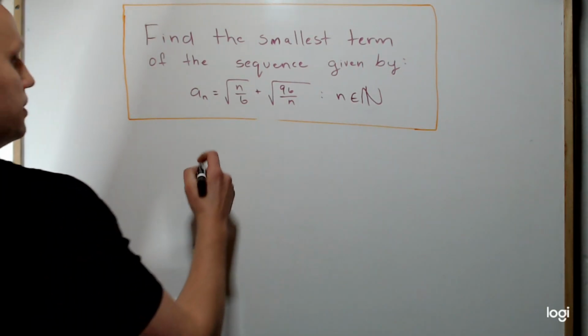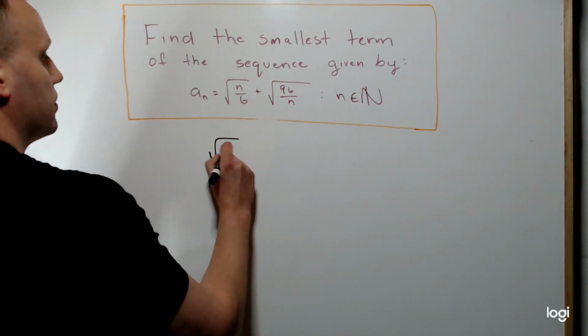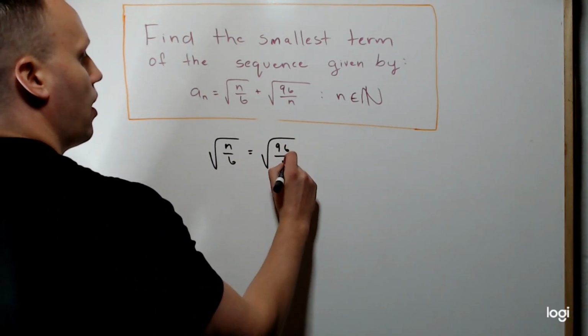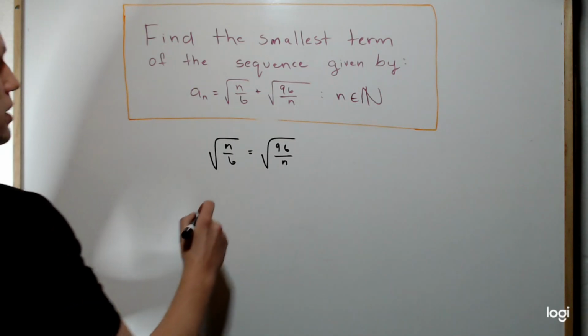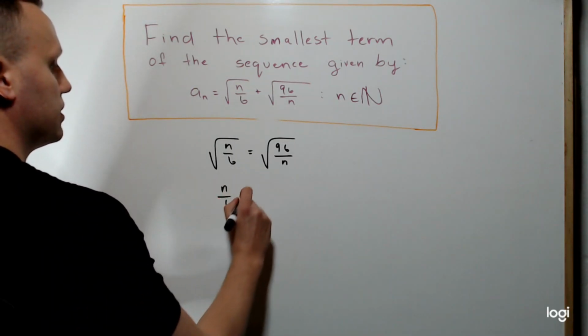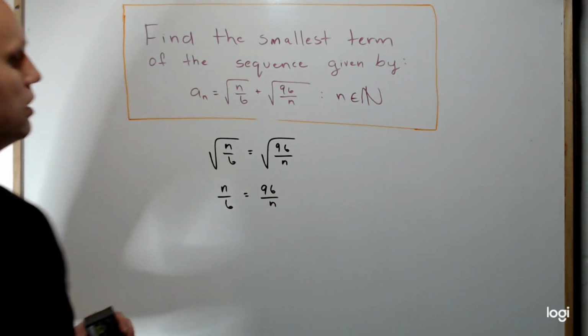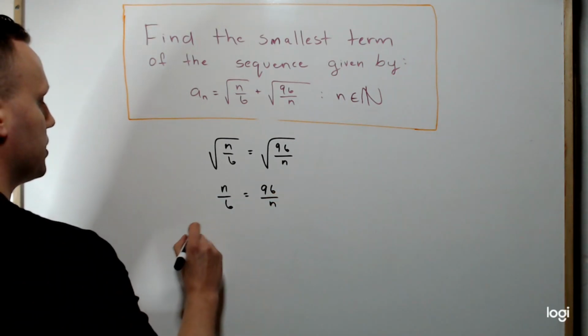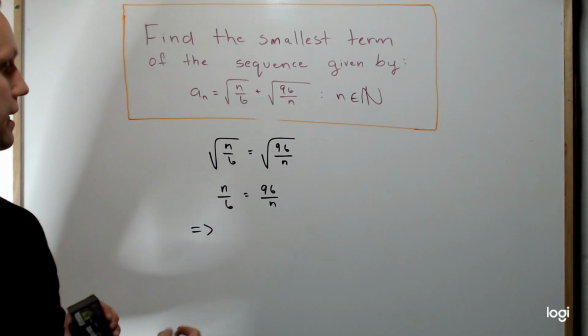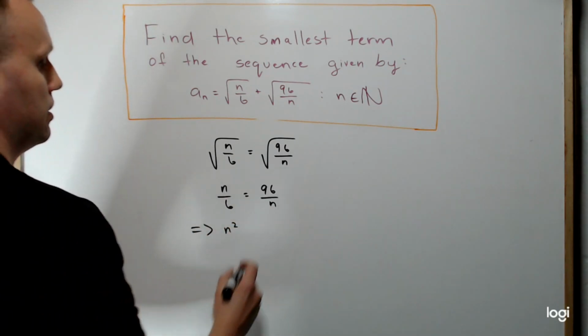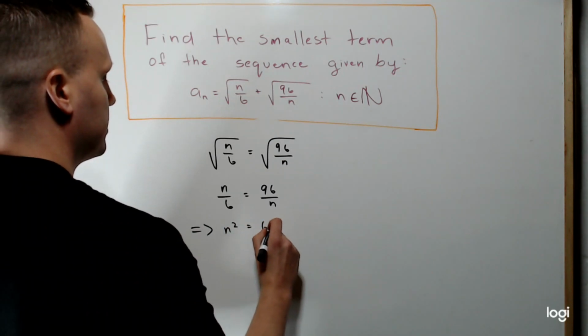So setting the square root of n over 6 equal to the square root of 96 over n, we can square both sides to get that n over 6 is equal to 96 over n. Now let's multiply both sides by 6n to get n squared is equal to 6 times 96.